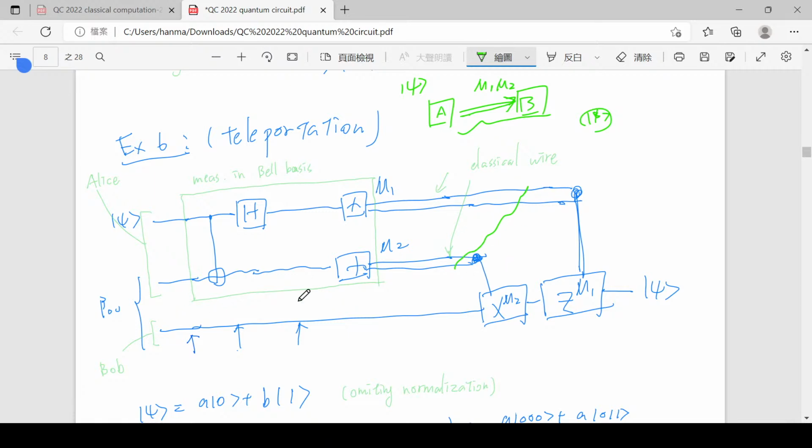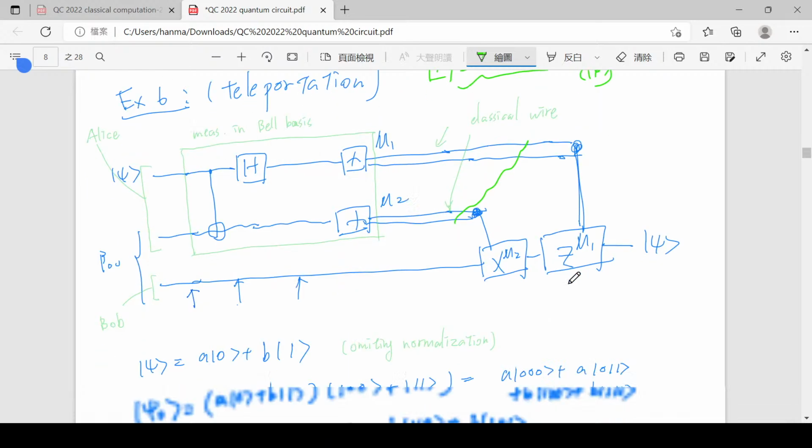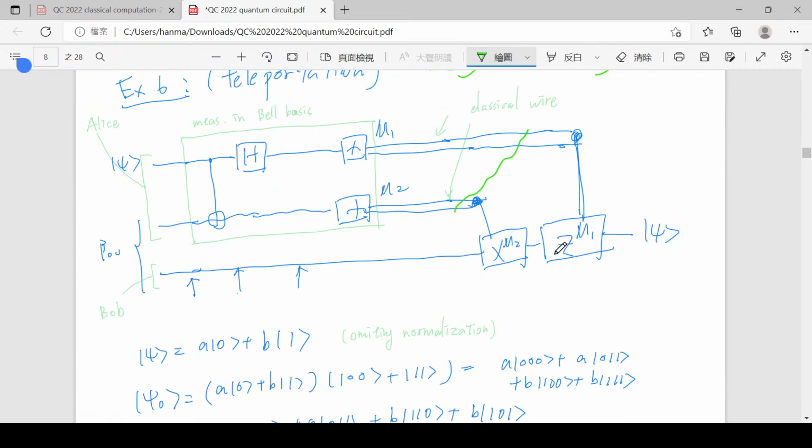Anyway, Bob is going to control on the classical result and apply X gate or Z gate. So if M2 equals 1, then Bob will apply X here. And if M1 equals 1, then Bob is going to apply the Z gate here. Okay. And let's check some of the things here.